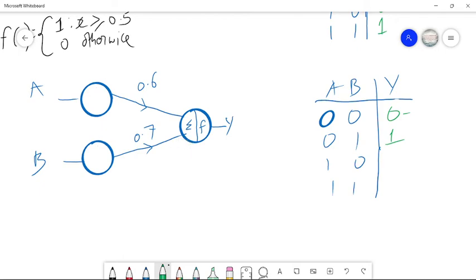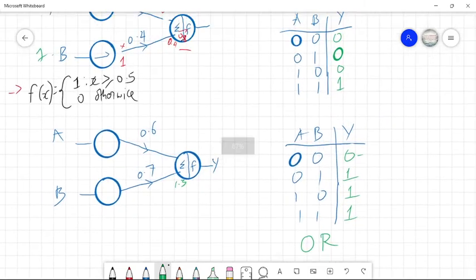When A is 1 and B is 0, the summation is going to be 0.6, and Y is going to be equal to 1. When A is 1 and B is 1, the summation is going to be 1.3, and the value of Y is going to be 1 again. Now, when you look at this here, what we have is the logical OR function.